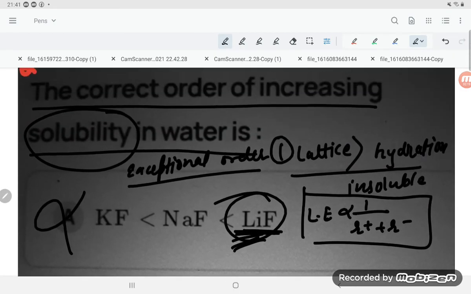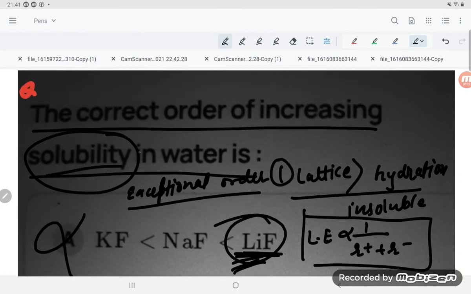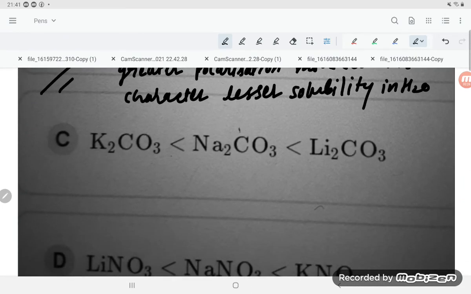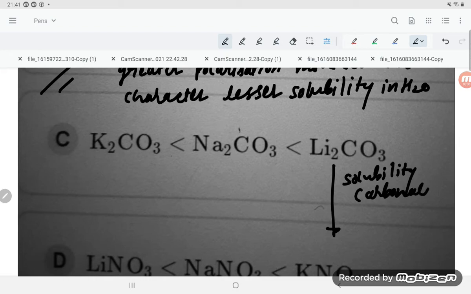Now they are asking for the correct order of increasing solubility, so this is our required answer. Here you see K2CO3, Na2CO3: down the group, the solubility of carbonates increases. In the last paper, on Sunday, this was a wrong question they had given, but down the group solubility increases. So the order is Li2CO3, then Na2CO3 and K2CO3, increasing down the group.